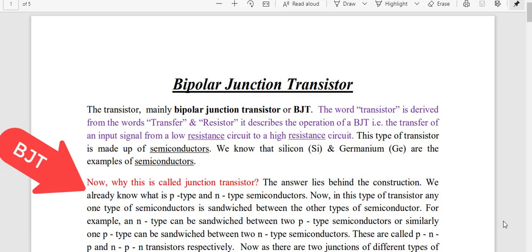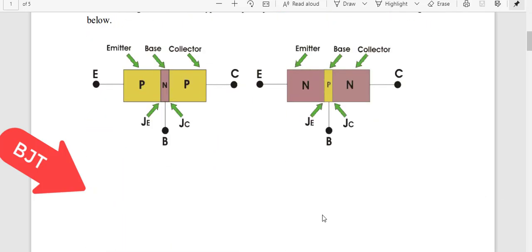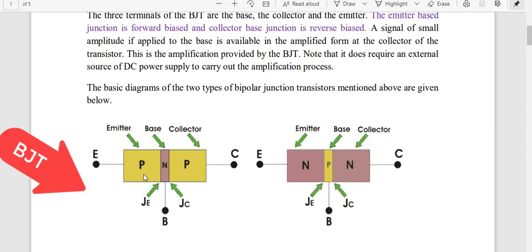In case of BJT or bipolar junction transistor, there are some characteristics. The first characteristic is that we have two junctions. One is the input junction and another is the output junction; this is the basic structure of BJT. You can see this. BJT may be of two types: one is PNP according to the constructional diagram, and another is NPN.